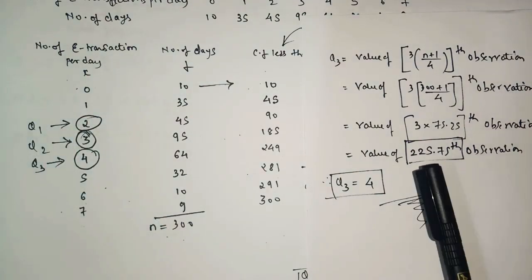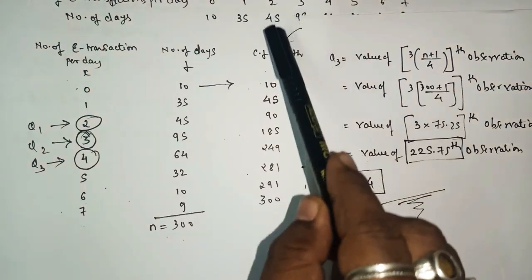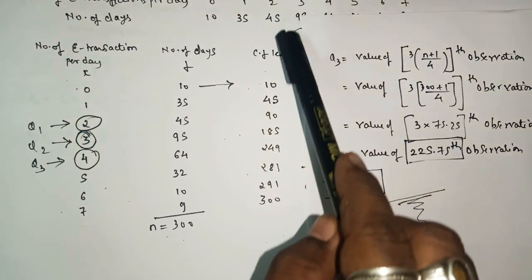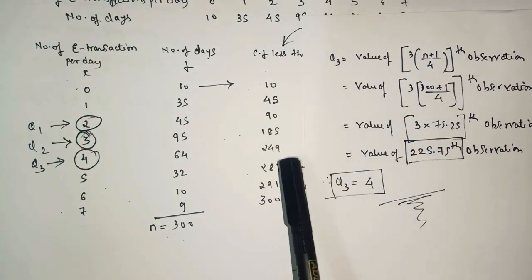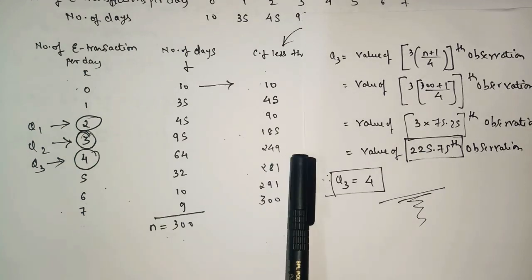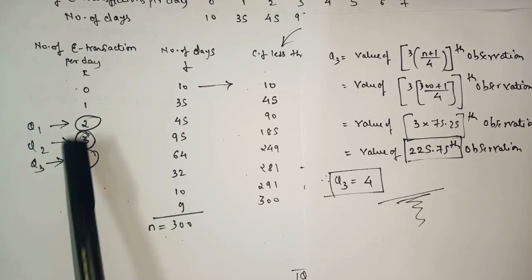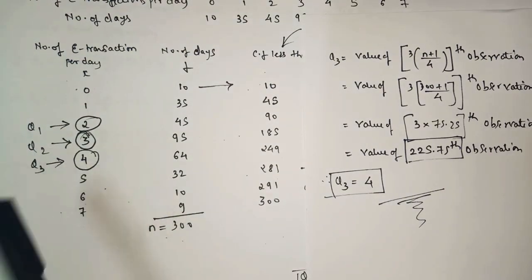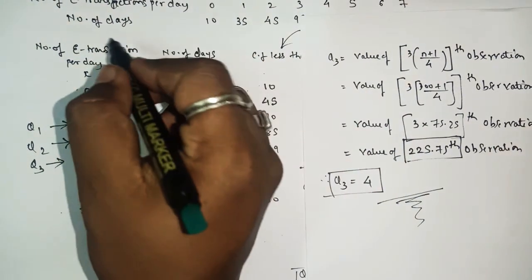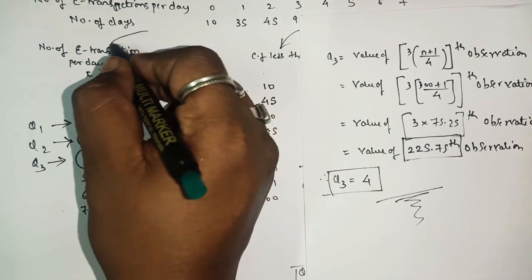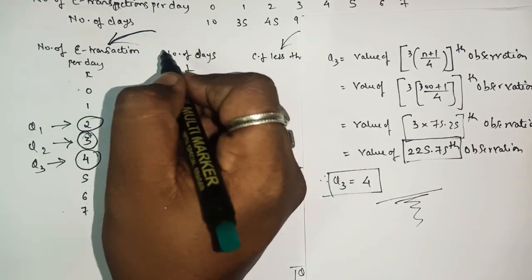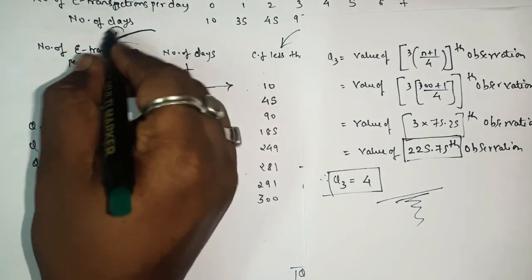Like suppose here we got 225, so you have to check where 225 lies in the cumulative frequency. It lies somewhere here, so the answer will be in the first column. In simple language, your answer for type number 2 will lie in the first column.